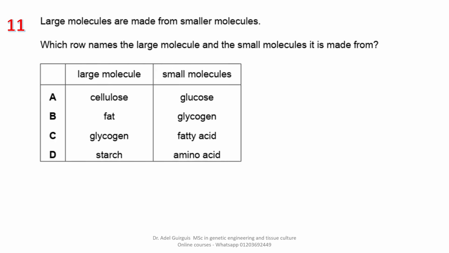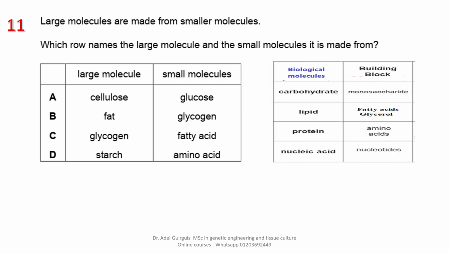Number 11. Large molecules are made from smaller molecules. Which row names the large molecules and the small molecules they are made from? Let's revise biological molecules. Carbohydrate may be a simple sugar or a complex sugar, a monomer or disaccharide like sucrose, or a complex carbohydrate like glycogen, starch, or cellulose.